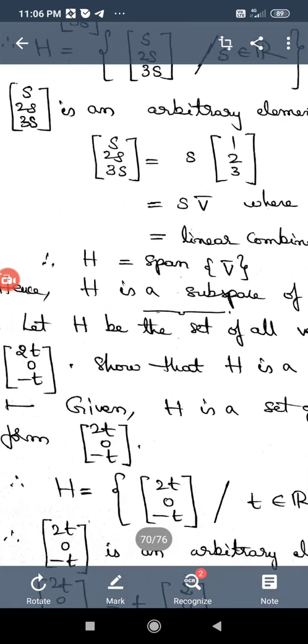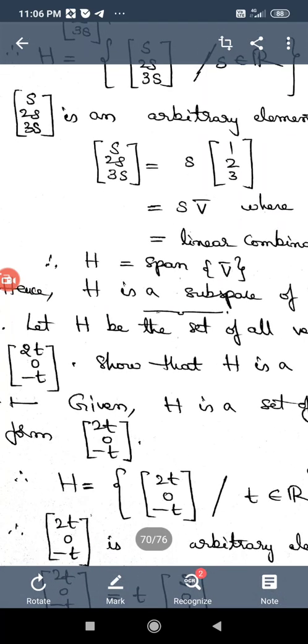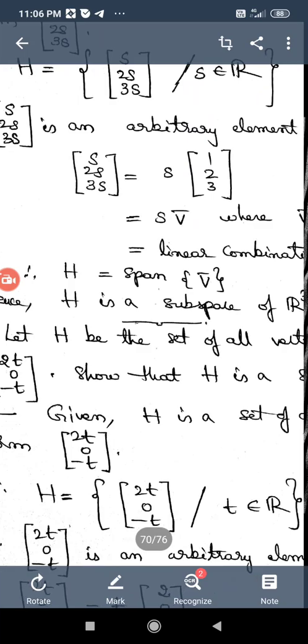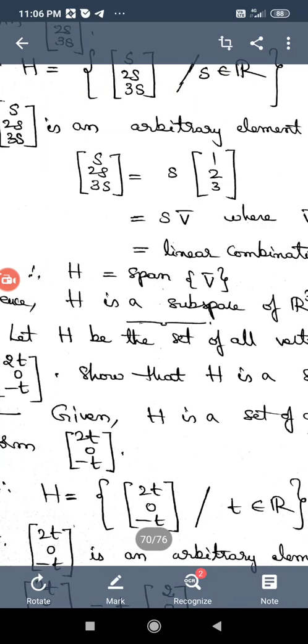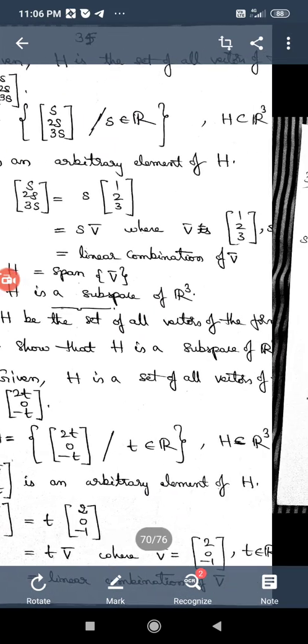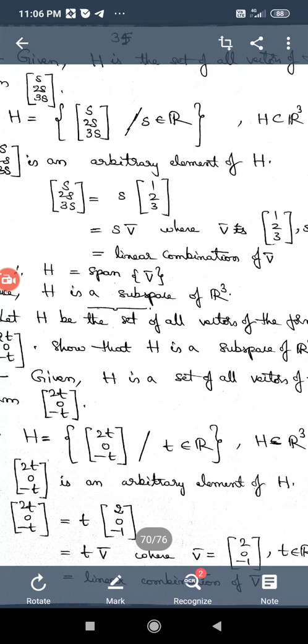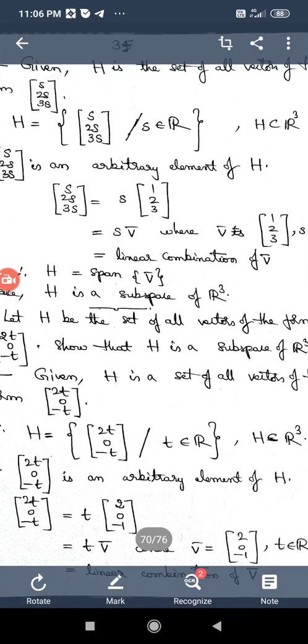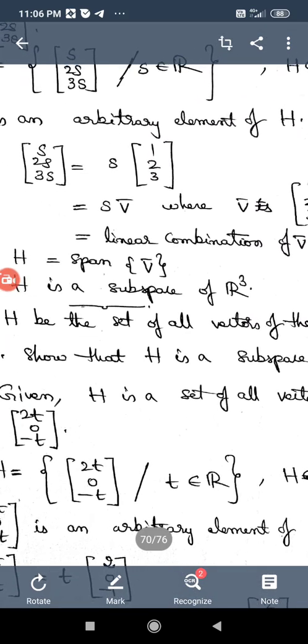This can be done because (s, 2s, 3s) is a column vector in H and H is a subset of R3. That is how this (s, 2s, 3s) will be an element of R3, and we have seen that R3 is a vector space wherein scalar multiplication is valid.